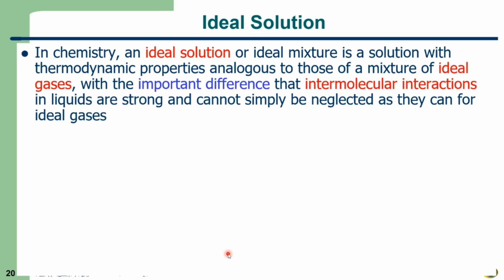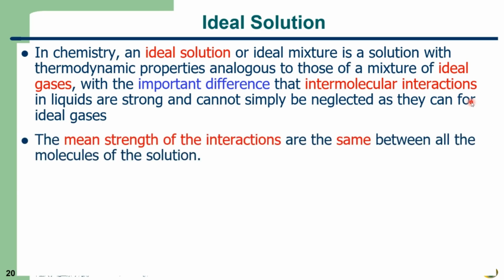That means in ideal gases the molecular interaction can be neglected, but in a liquid it's impossible to neglect this interaction. However, it can be regarded as an ideal solution, where the mean strength of the interactions is the same between all the molecules of the solution. You cannot neglect the interaction, but you can regard it as the same for all the molecules.